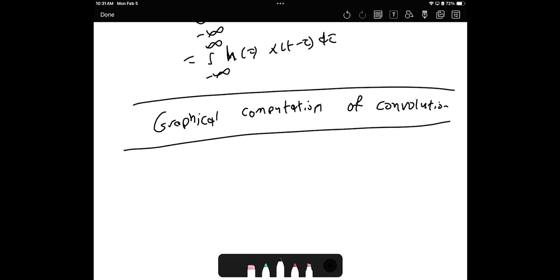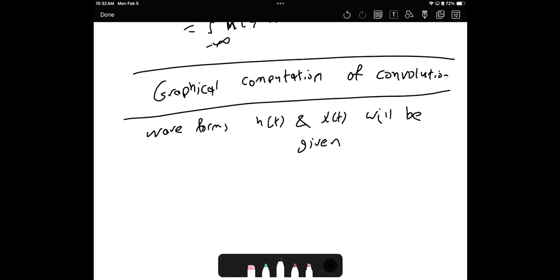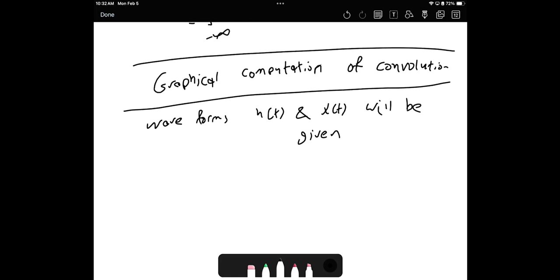How can we do this? Most likely, the waveforms of x of t and h of t will be given, both. So you don't need to worry about this. Now we need to find the plots for the convolution when they are given.